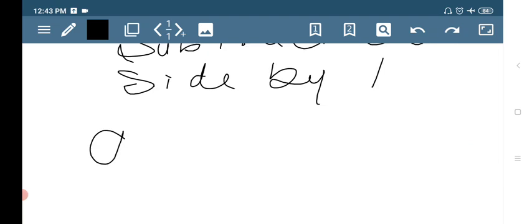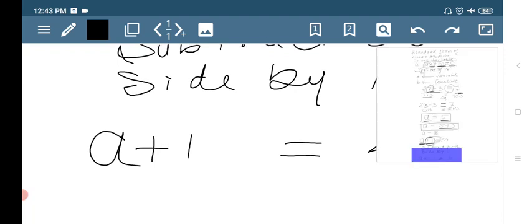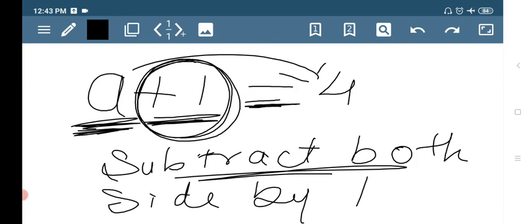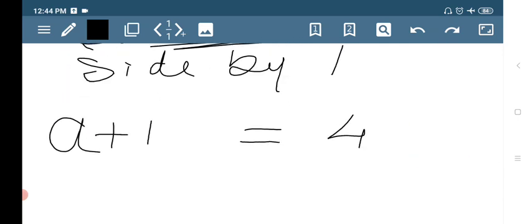See what happens now. A plus 1 is equals to 4, already we have here. Why we need to subtract both sides? Because it has a equals to. If I subtract here, it becomes unbalanced, right? To balance it, whatever we do in the equals to, we have to do on both sides. So subtracting 1 on both sides.